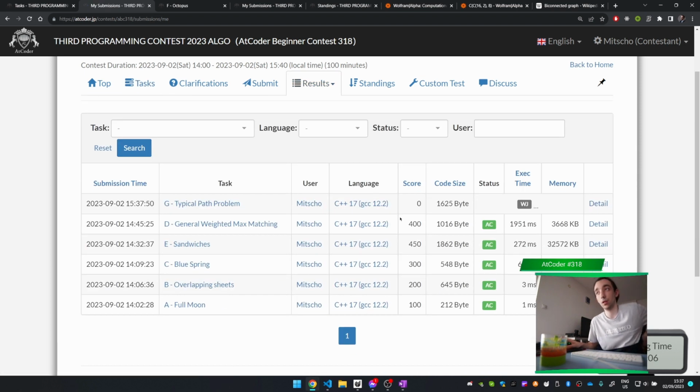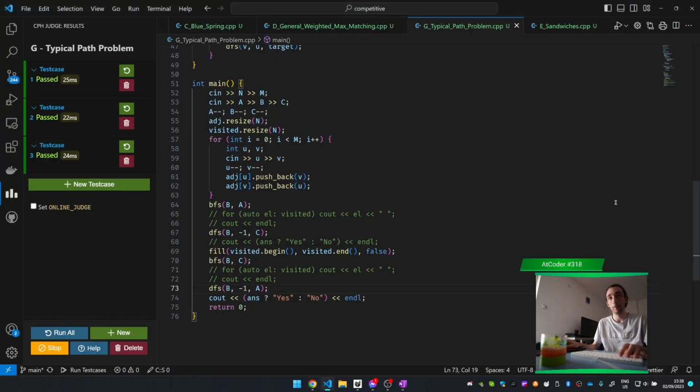You see that passes, so it just keeps wrong cancel. That's wrong cancel.